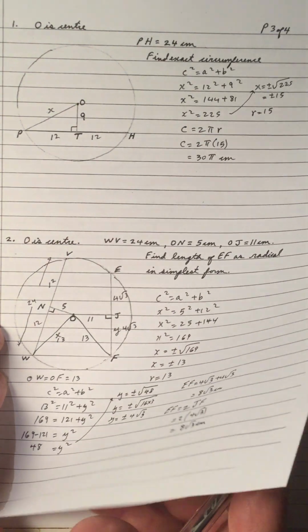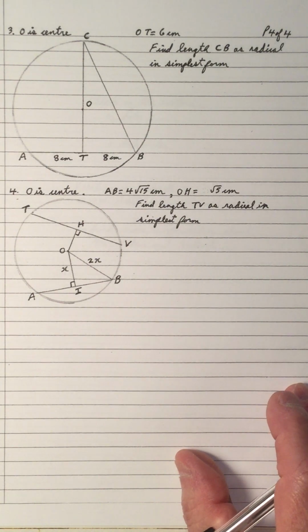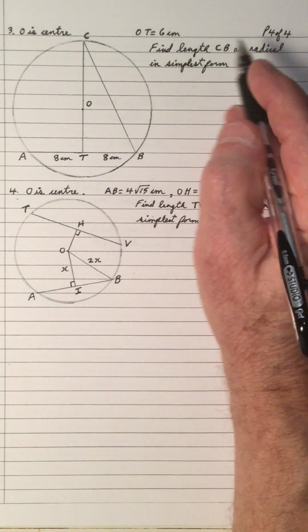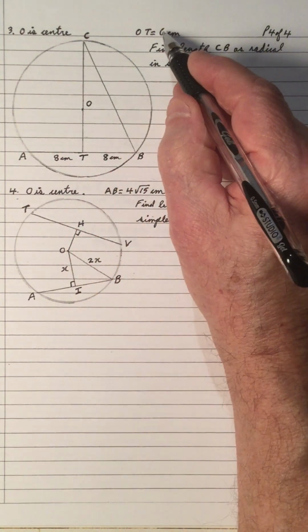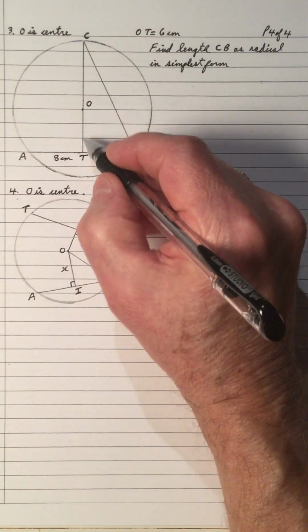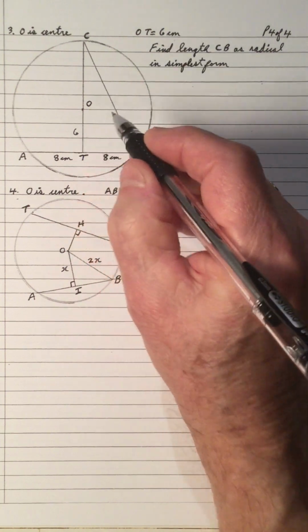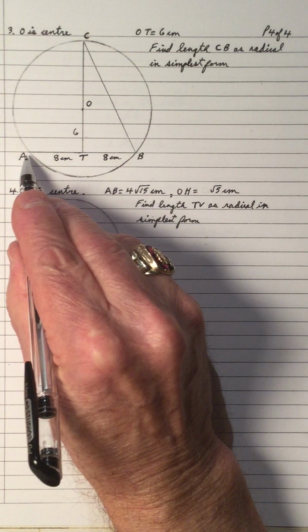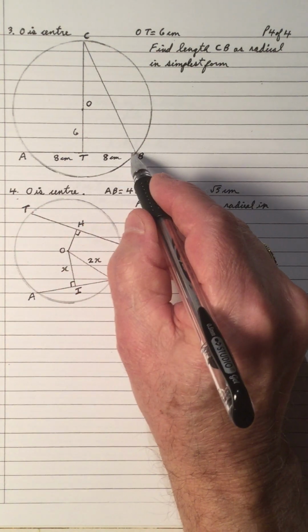Okay, let's continue. We have a couple more to do using the properties. Number 3, O is the center of this circle right here. OT is 6, and that's 6 centimeters. And it says that TA is 8 and TB is 8.